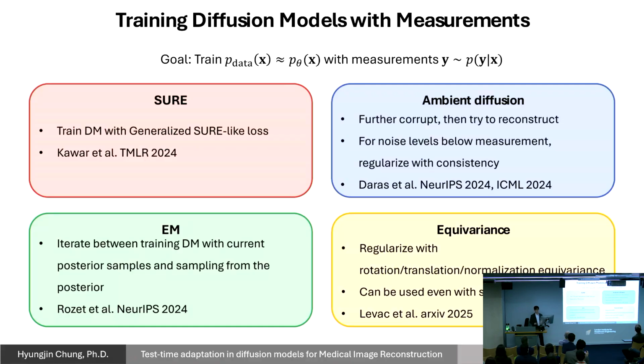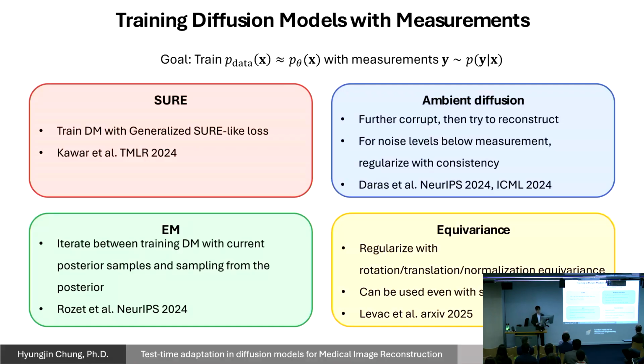There are different approaches, but if you try to group them, we could say that there are Stein's unbiased risk estimator (SURE)-based approaches, there are expectation maximization-based approaches, and there is also a family called ambient diffusion. These three groups propose different ways to train a good diffusion model from measurement data only, given that the measurement data are acquired from different instantiations of the system matrix A.